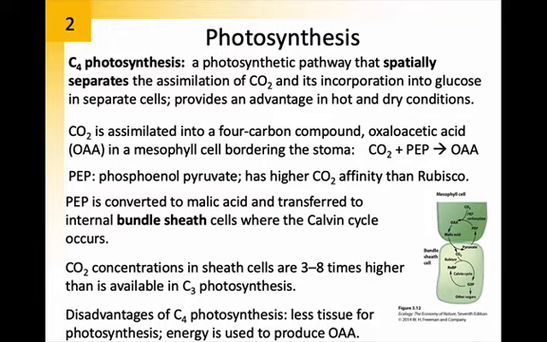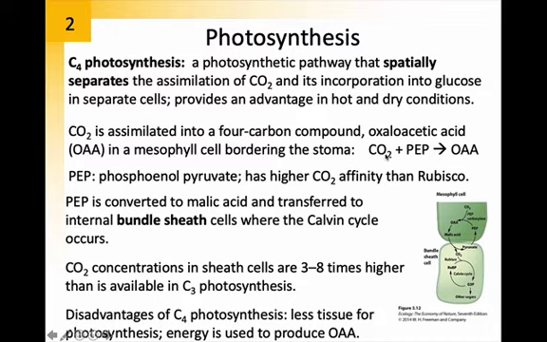So the way that it works is that you have two sets of cells in C4 plants. You have mesophyll cells and you have bundle sheath cells. The extra set of reactions is found in the mesophyll cells, which are the cells that are adjacent to the stoma. So they're the ones that are in contact with the open air. The bundle sheath cells are deep inside the leaf and they are protected.